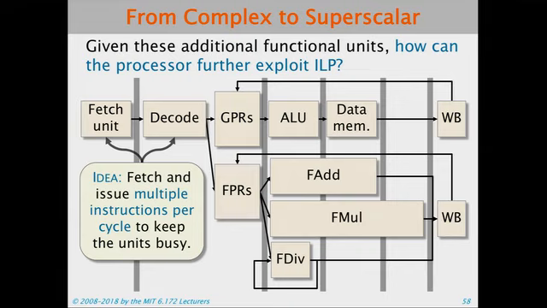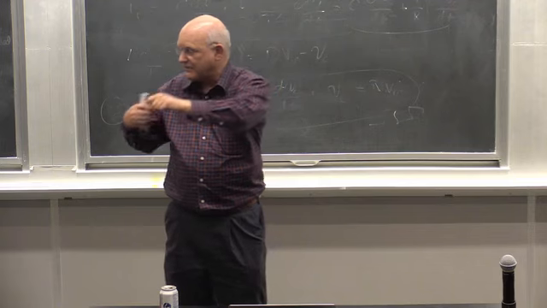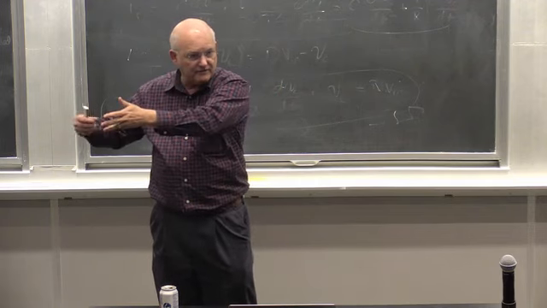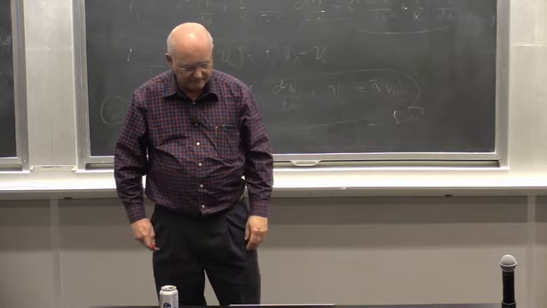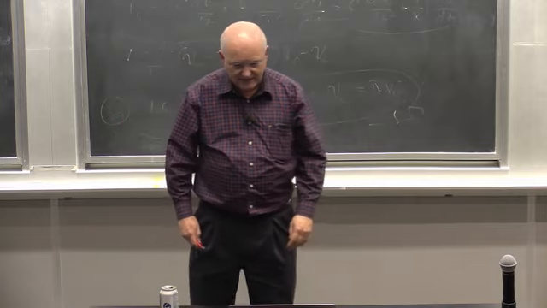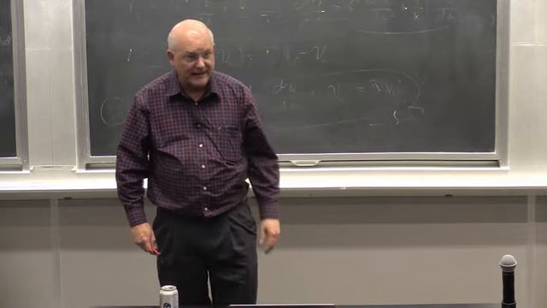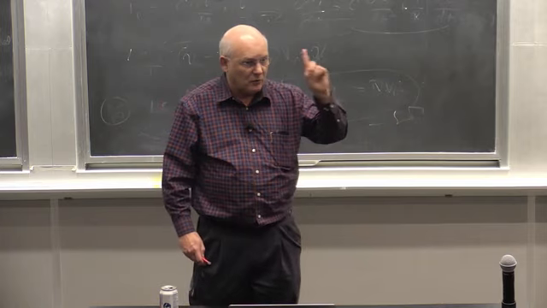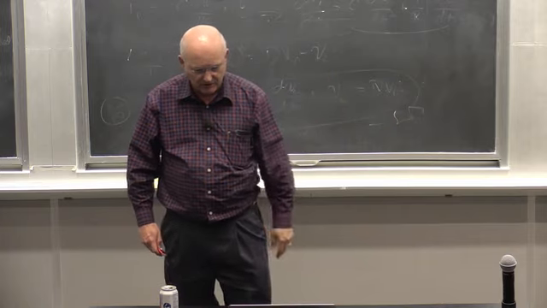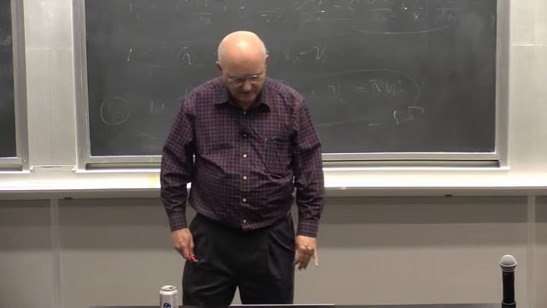So rather than just doing one per cycle, as we showed with a typical pipeline processor, let me fetch several that use different parts of the processor pipeline, because they're not going to interfere, to keep everything busy. That's basically what's called a superscalar processor, where it's not executing one thing at a time, it's executing multiple things at a time.